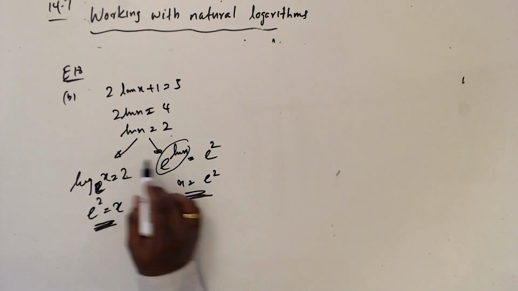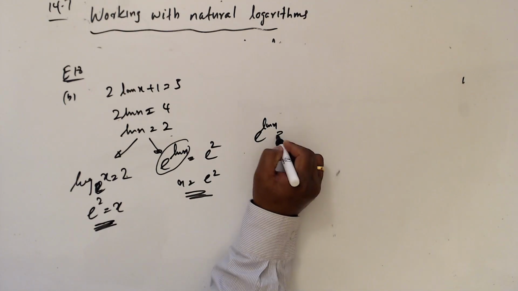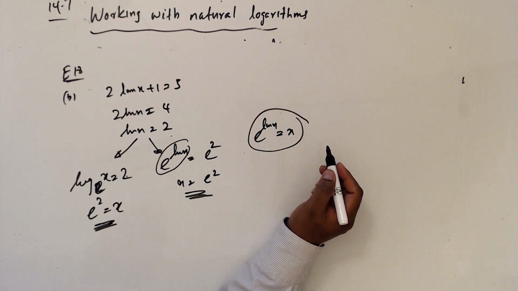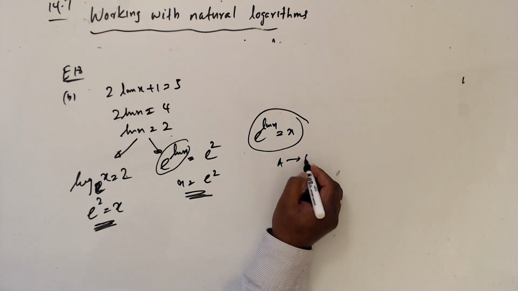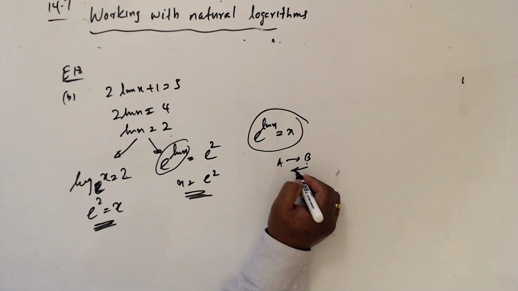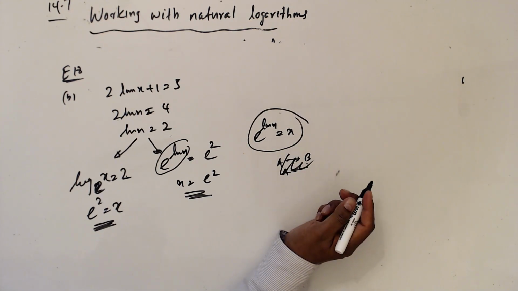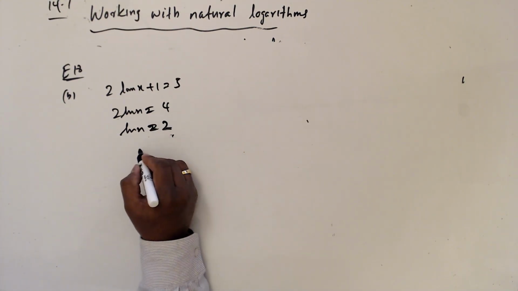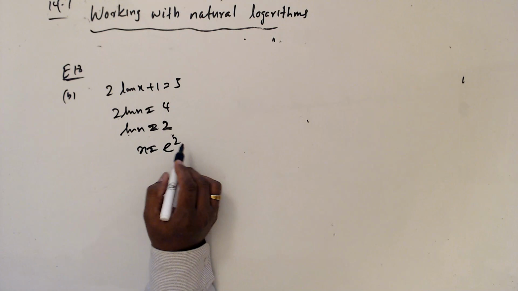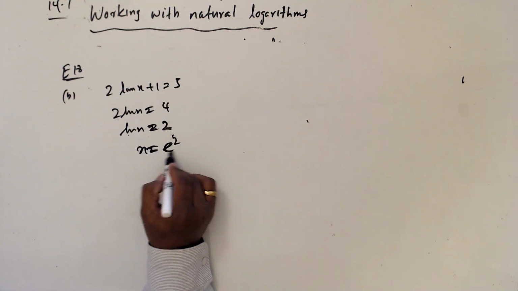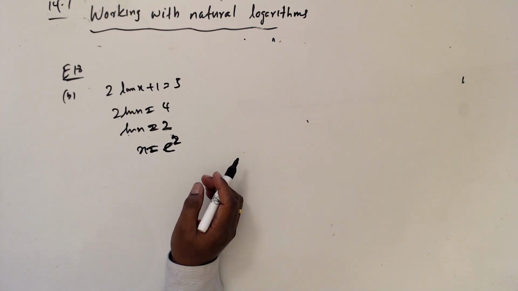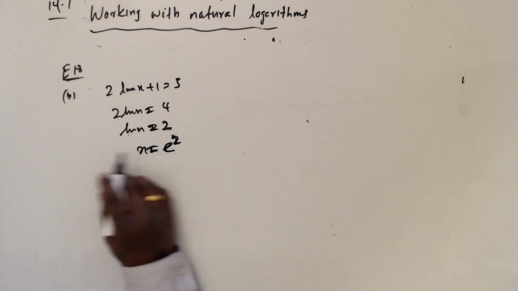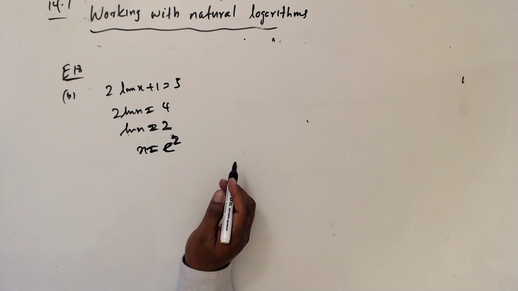Here I use the theory that e to the power ln x equals x. It's like if a is the inverse of b, then b is the inverse of a. Some students keep in mind that when ln x equals 2, the ln goes to the other side and becomes e. That is not the right way, but it still works. The right idea is taking the inverse, or using the first principle.